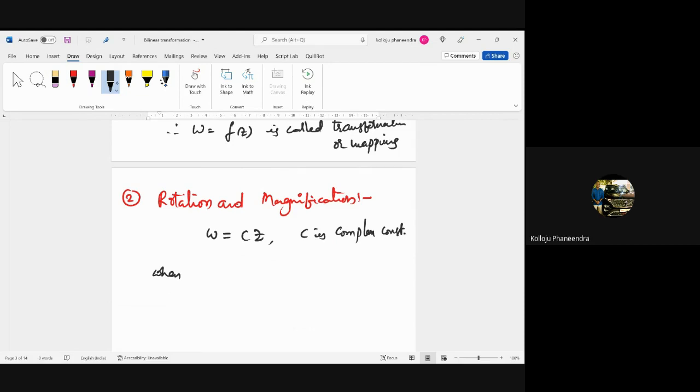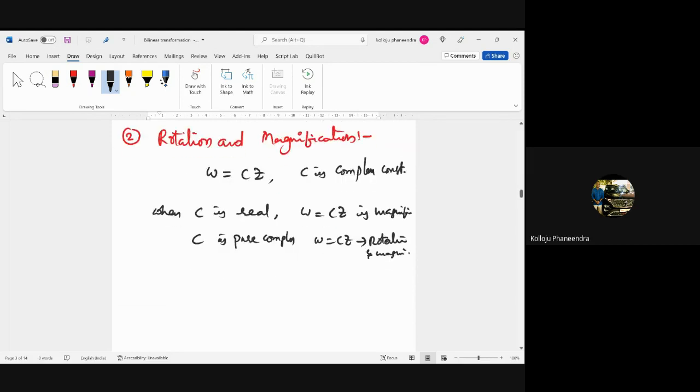When C is real, W equal to Cz is magnification. And when C is pure complex, W equal to Cz represents rotation and magnification.